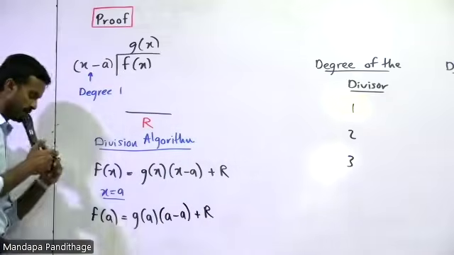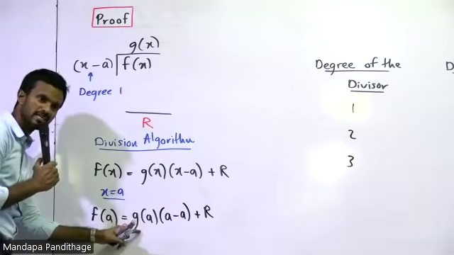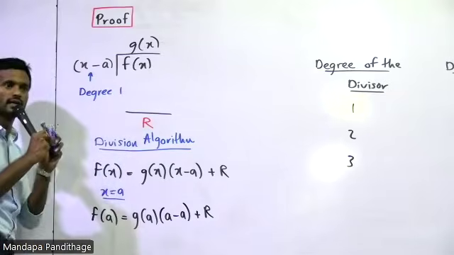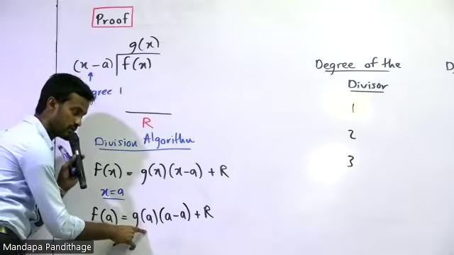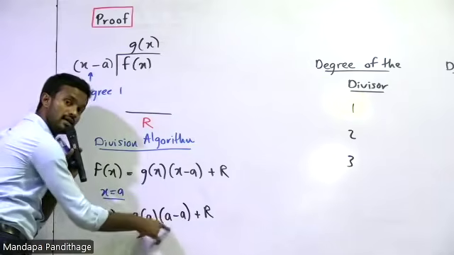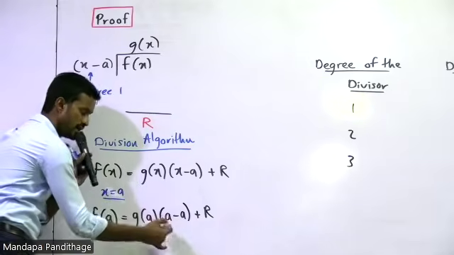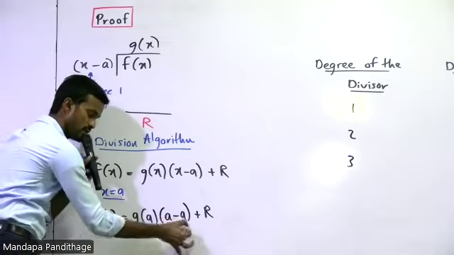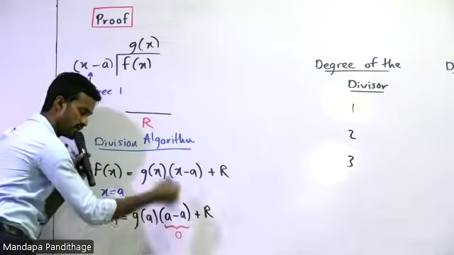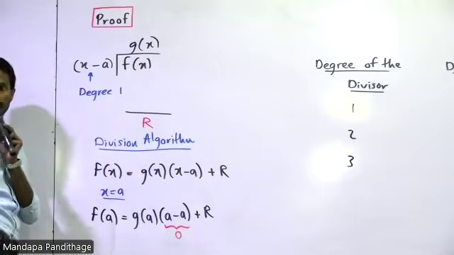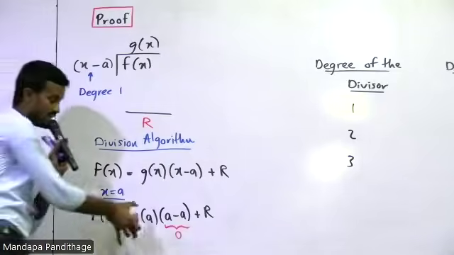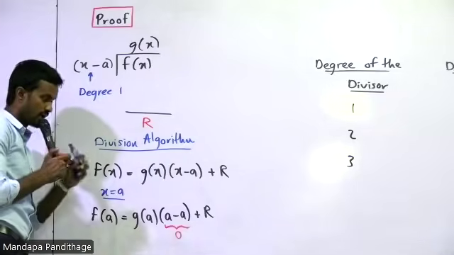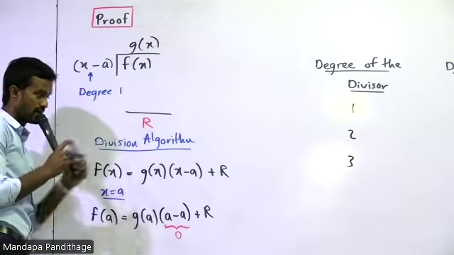Now tell me, do you know anything about g(a)? No, you don't know anything. But even though you don't know anything about g(a), a minus a is 0. So a minus a becomes 0, and then this entire g term cancels out.